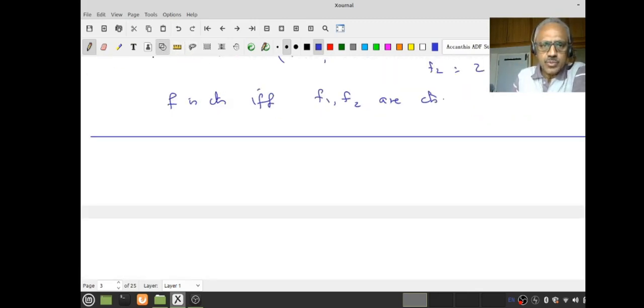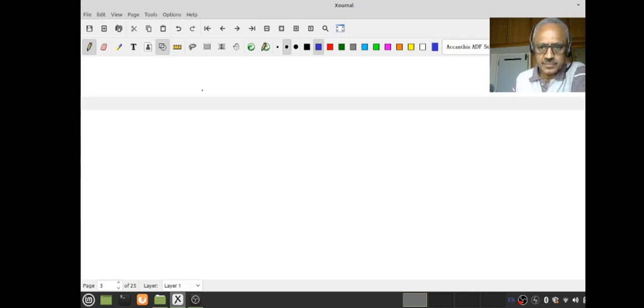Next thing is how to visualize the product. Let us assume this is something like my X and this is something like my Y. Now there are two obvious things you can think of, namely let's look at only the simplest thing.